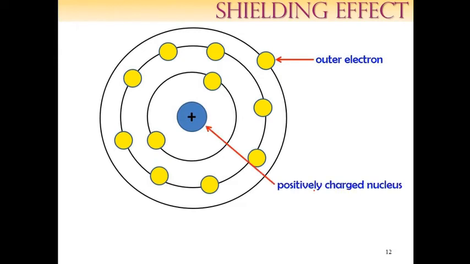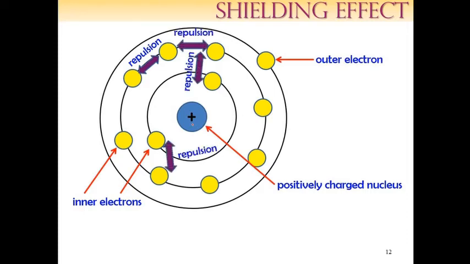Let's look at the diagram. We have inner electrons at each of the shells, and the outer electron at the outermost shell, with the positively charged nucleus at the center of the atom.